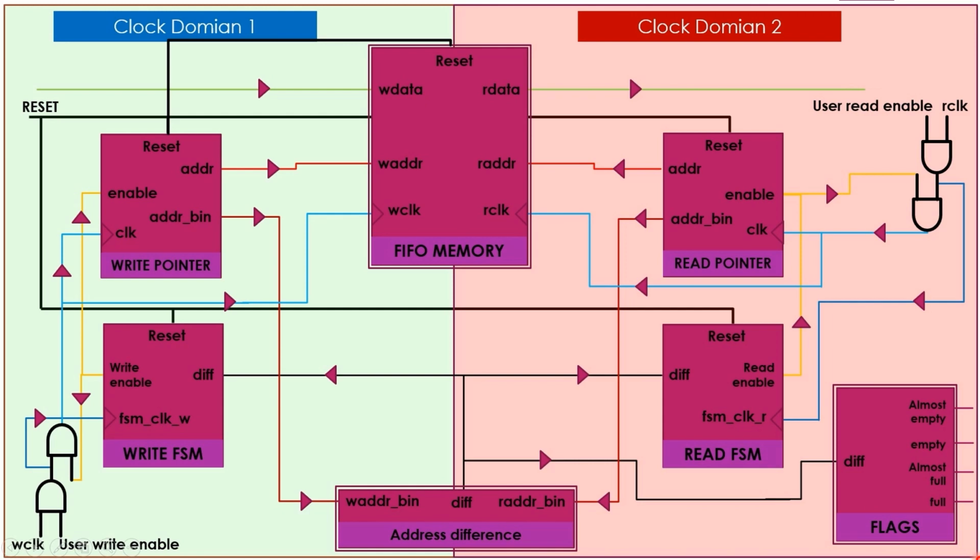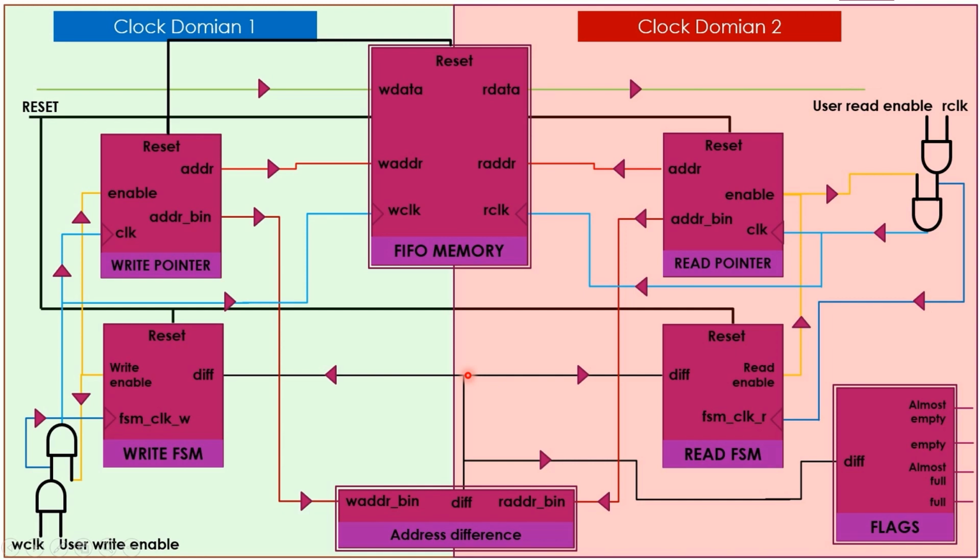The ADDR signals coming out of read and write pointer blocks are gray code pointers, whereas the ADDR bin pointers in those blocks are in binary, which are going to the address difference block, which takes the difference and generates a diff signal.